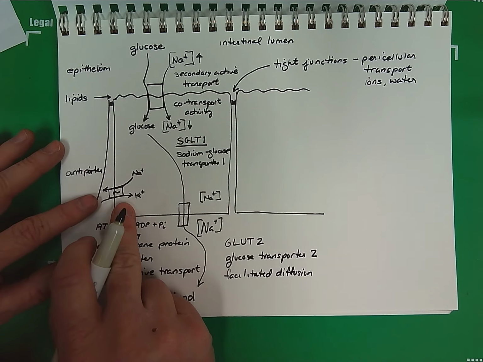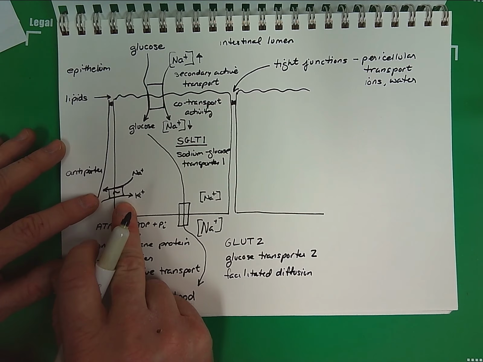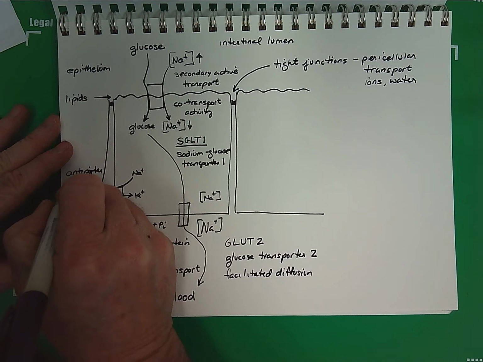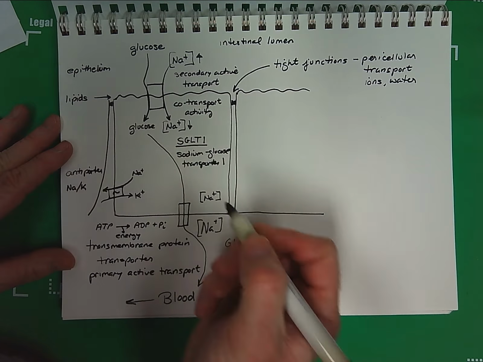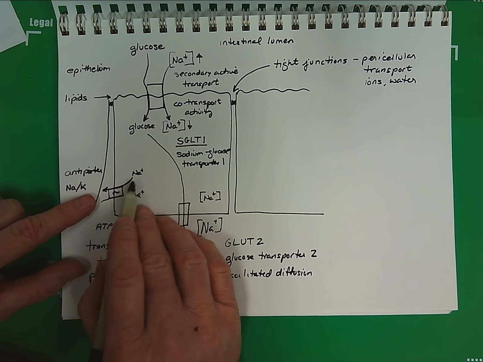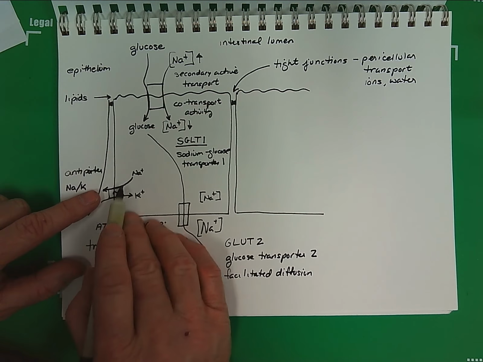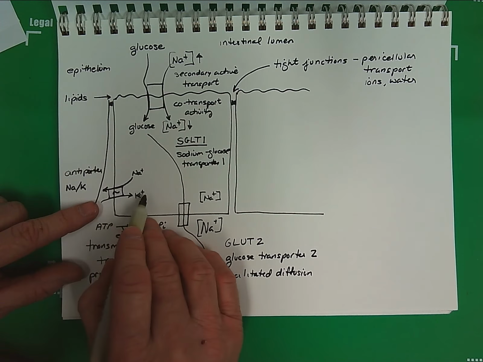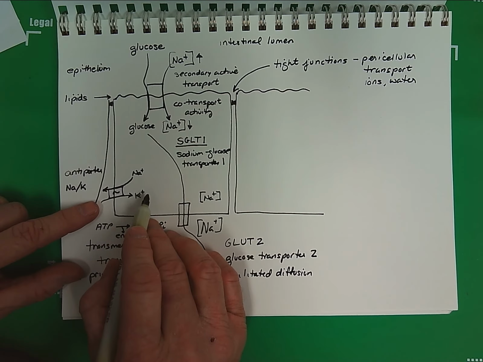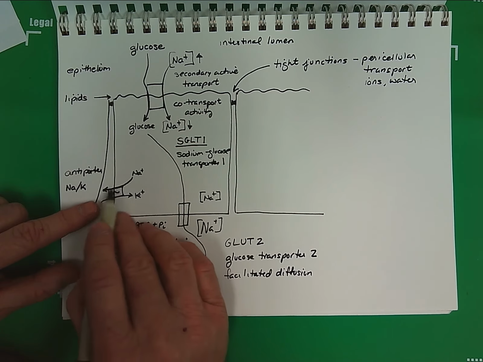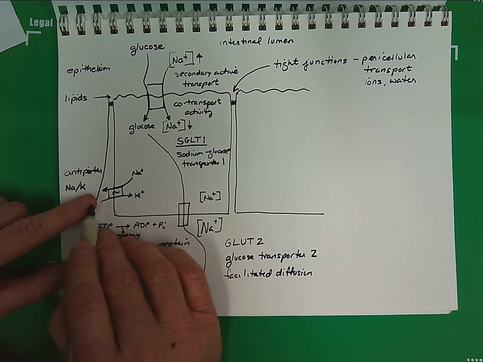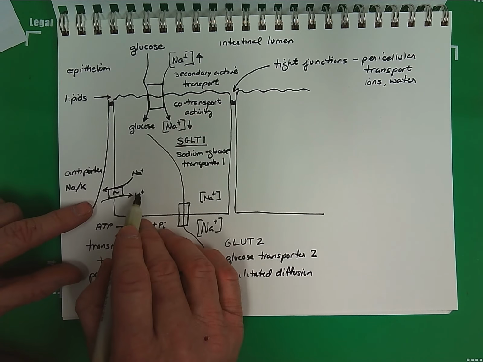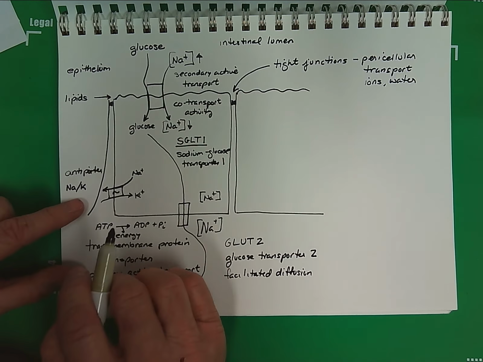Now, let's go back here and address this sodium-potassium transporter. We see the sodium is driven out of the cell to establish this gradient, but what about potassium? Potassium could build up inside the cytoplasm so high that it could stop the activity of this transporter and tend to reverse because the concentration would be high inside and low outside.